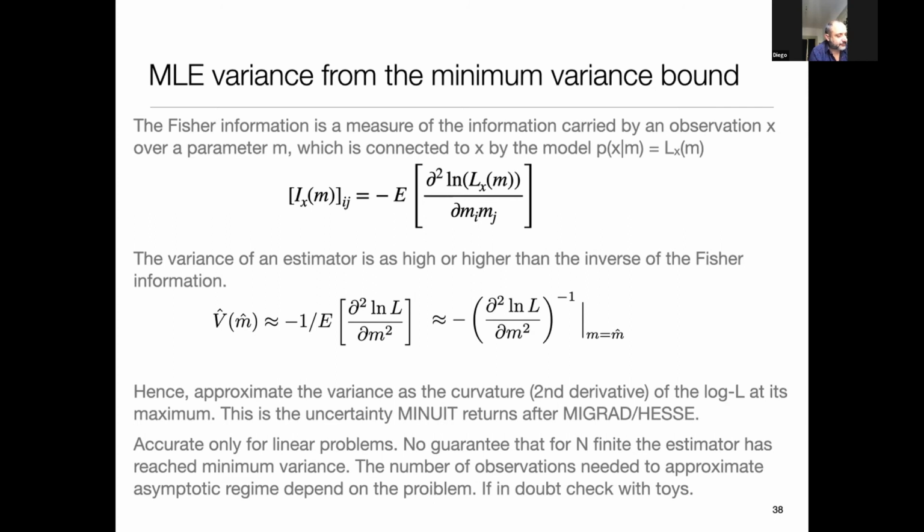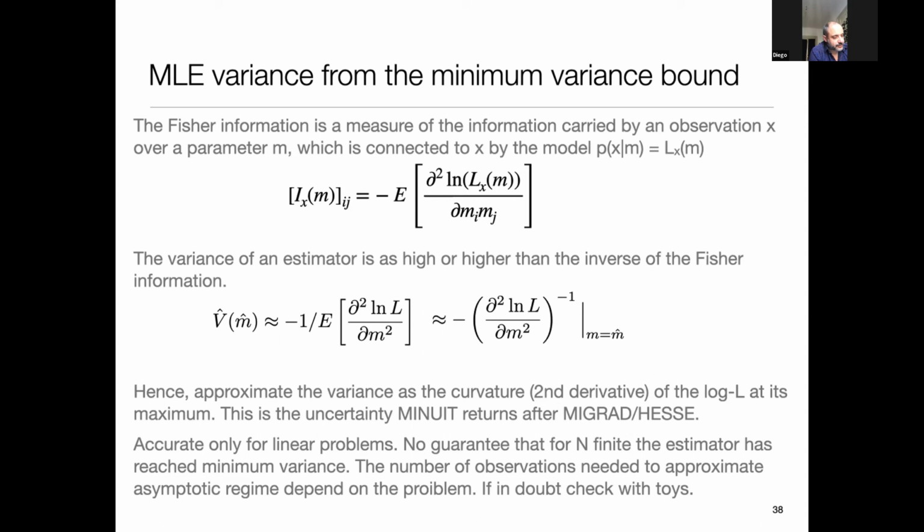This is expressed here. The important thing for our scope is that the Fisher information gives us a way of estimating the variance of my estimator, and so the uncertainty of my measurement, using this formula here.